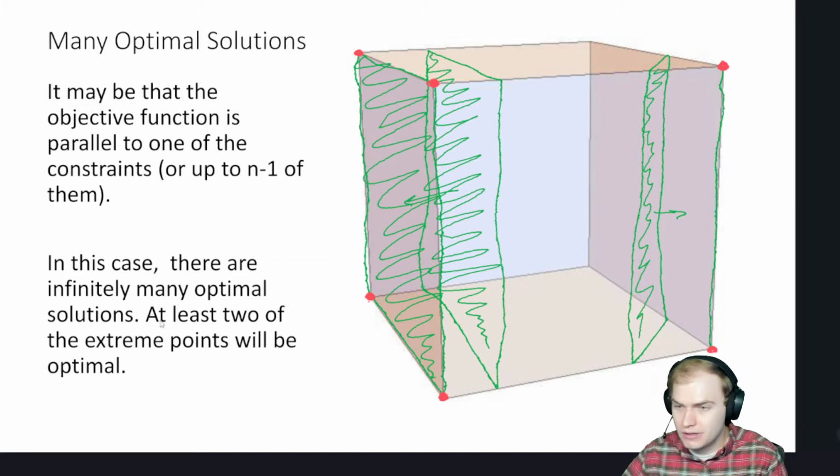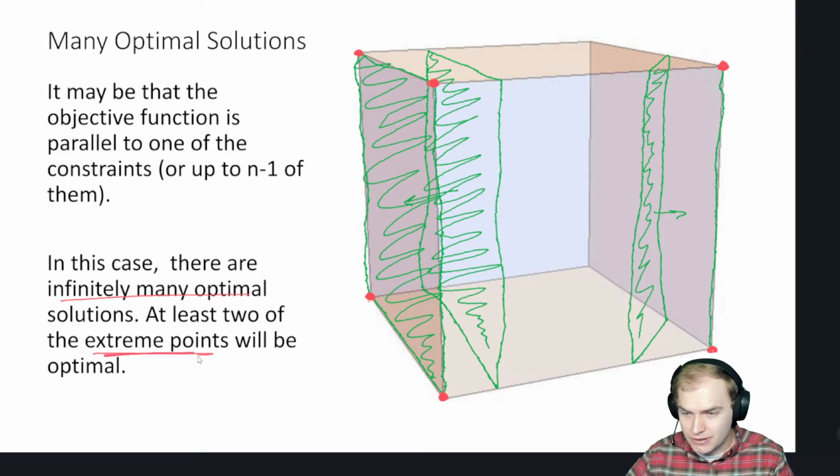So if there are infinitely many optimal solutions, there will be at least two extreme points which are optimal. So like I said in the last class, if there is a finite optimal solution to an LP, one of our extreme points will be optimal.